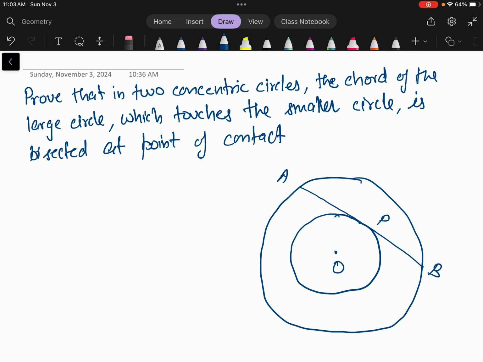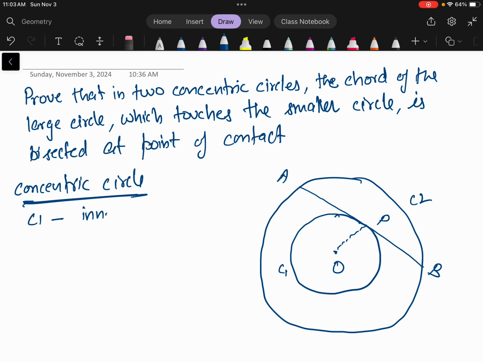First of all, we need to understand the definition of concentric circles. The center is the same, both centers are the same. Now we'll draw this tangent. This is circle C1, the inner circle, and this is circle C2, the outer circle.